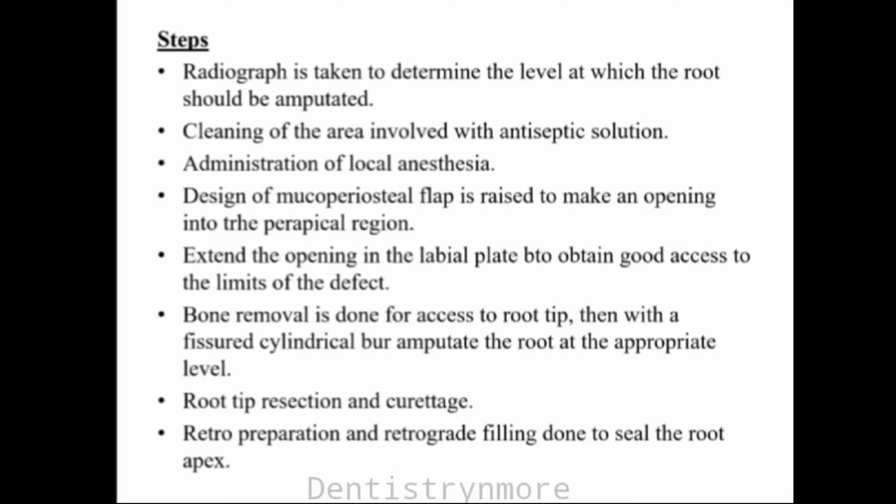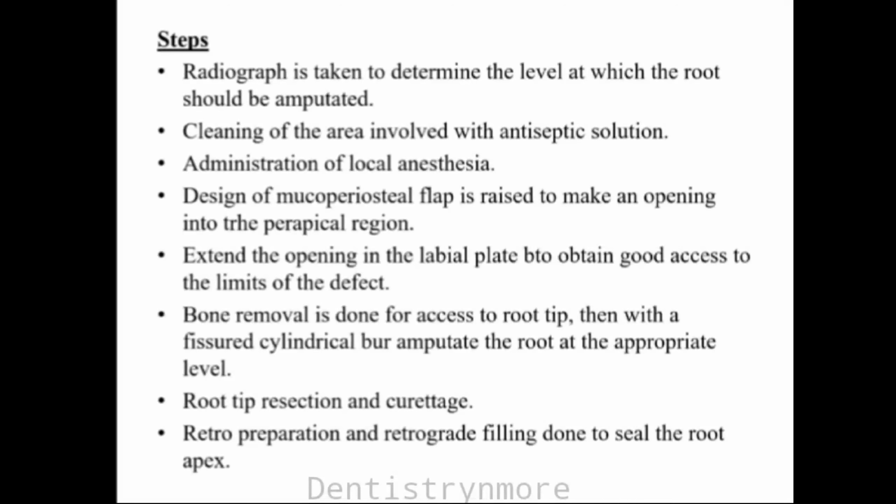Next one is the steps. First, a radiograph is taken in order to determine the level at which the root should be amputated. Next, cleaning of the area involved with antiseptic solution, administration of the LA, design the mucoperiosteal flap, then make an opening into the periapical region, extend the opening in the labial plate to obtain good access.